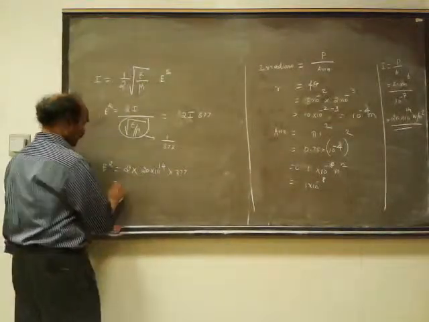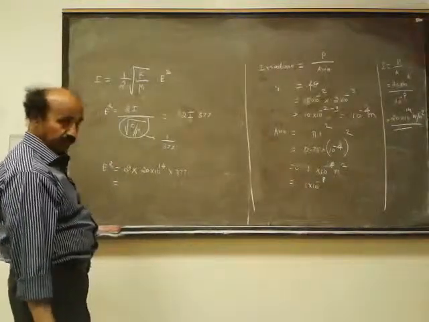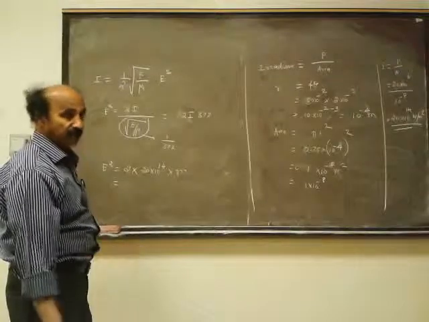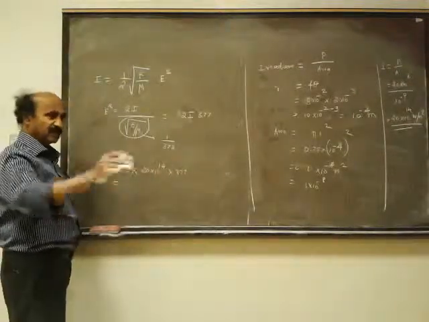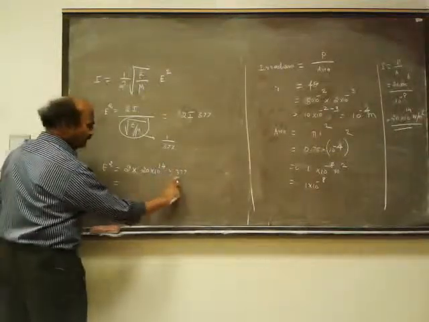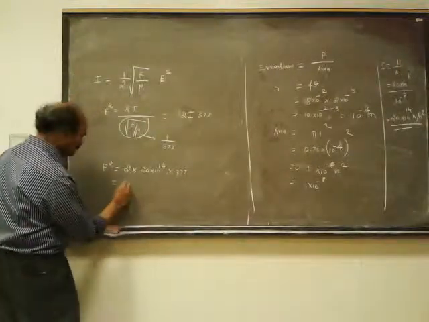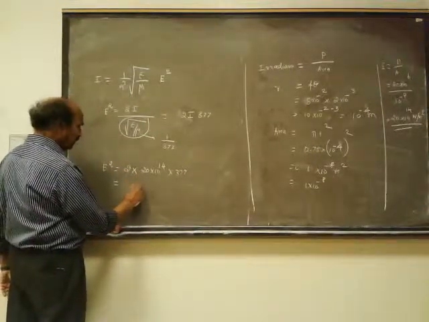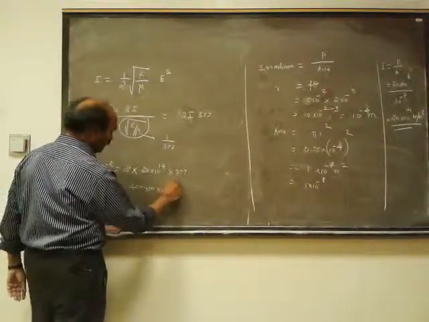Calculate. It's okay, I can do the calculation. We don't need a calculator. For simplicity, I will make it 400. See, this will become 40, and this will be 400. This becomes 10 power 14.